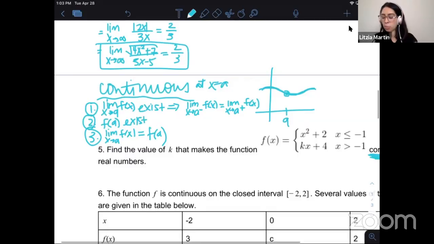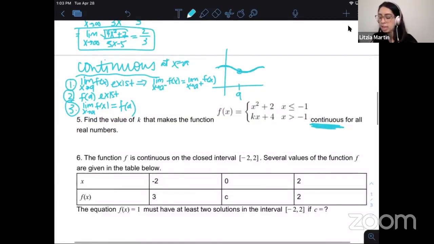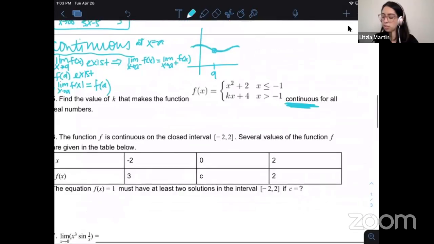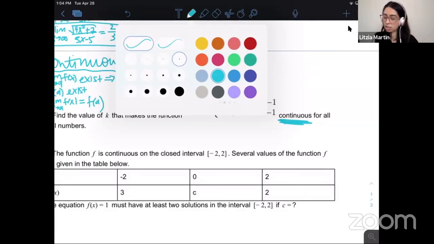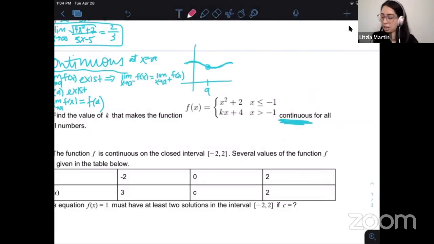Now in this problem, we want to pick a k value that's going to make this continuous. So we're going to work through these steps to show what that continuity would look like. I wish I had given us more room. I don't know why I didn't do that. So we'll try and squeeze as much as we can in here.